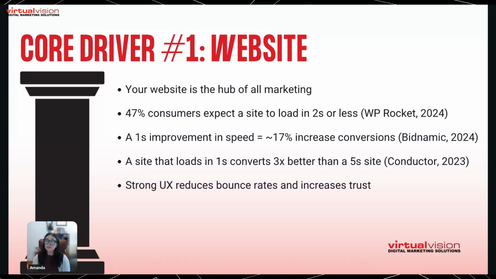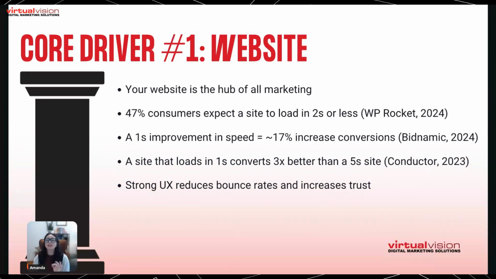But for even some of our smaller businesses, 17% is a huge percentage in conversion increase. So it's important to note. Additionally, Conductor, 2 years ago, in 2023, said a site that loads in 1 second converts 3 times better than a 5-second site.